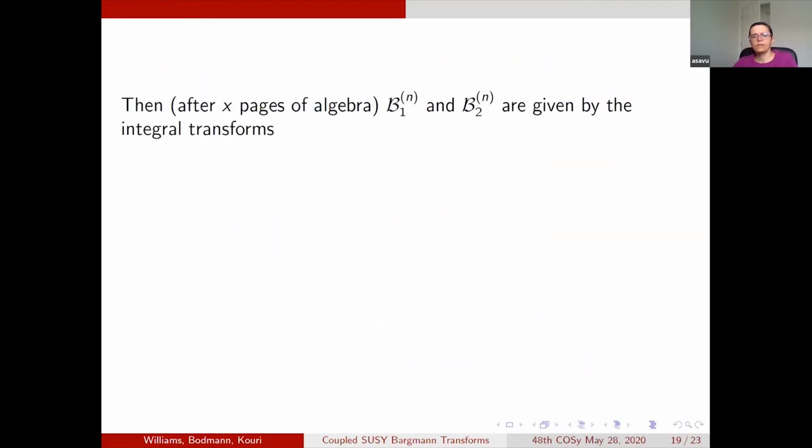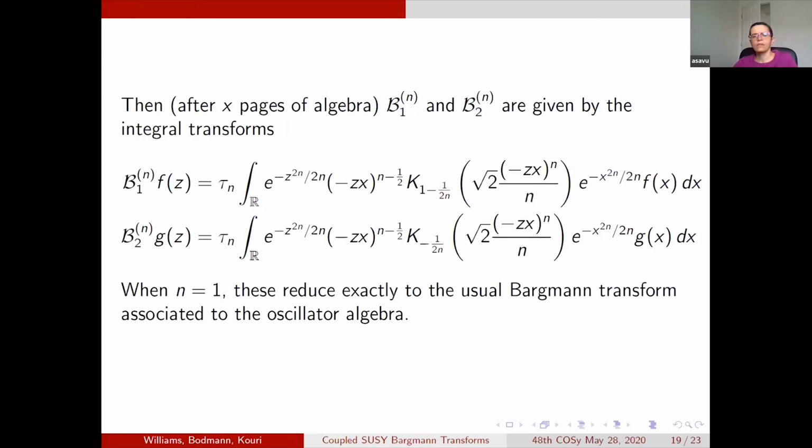So after X pages of algebra, we can write the Bargmann transforms as such. The tau n is a really terrible normalization constant to make it unitary. Just know everything is okay. The main takeaway here is we get something that plays the role of a generalized Gaussian. So it's z to the 2n over 2n.